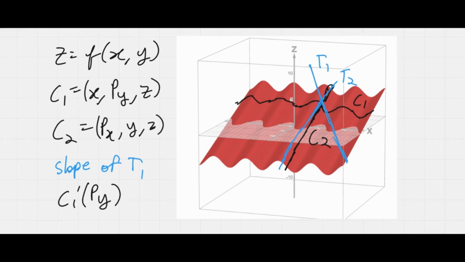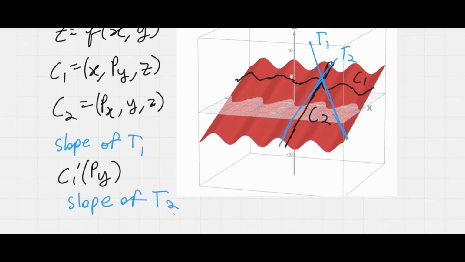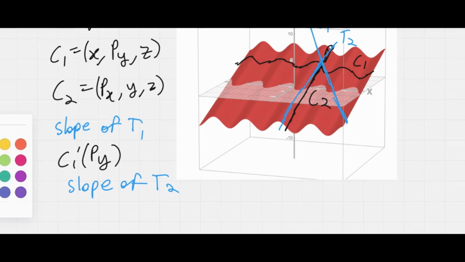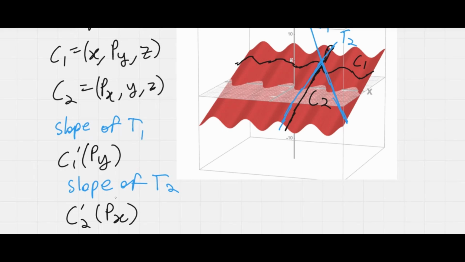So the slope of tangent number 2 could be defined, again, using derivatives. And so we're using curve 2 over here, so the derivative of curve 2 at the x-coordinates of point P.